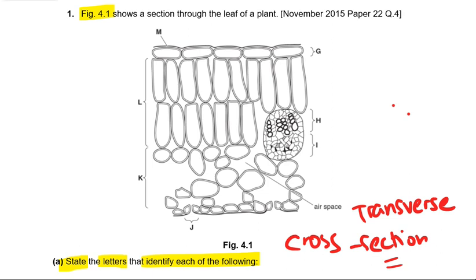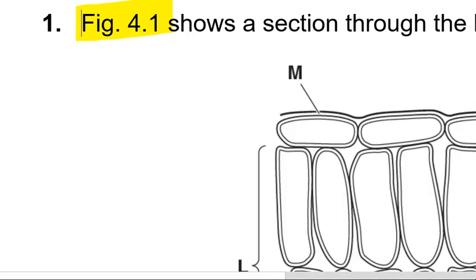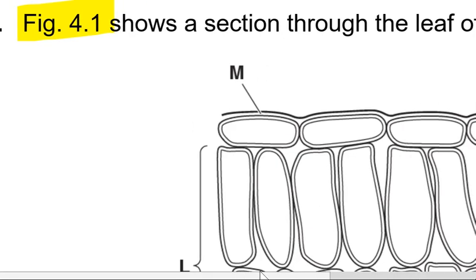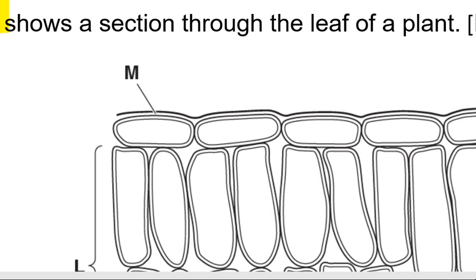So M right here is actually referring to, if I zoom in, all right, so if you guys can see that it didn't touch the upper epidermal cells at all. So this is actually referring to that layer over here, which is your cuticle.